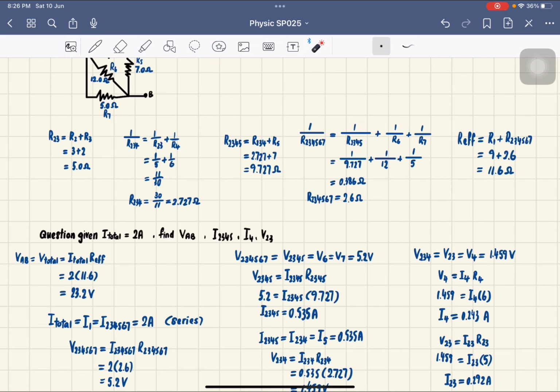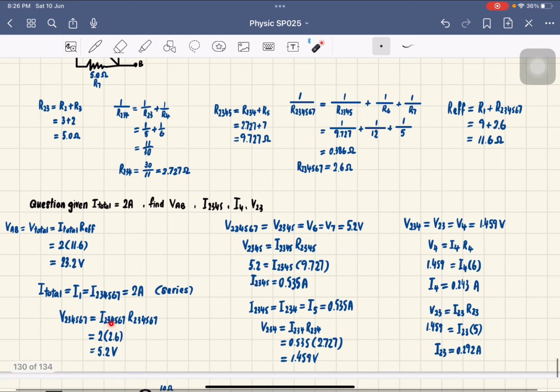Then to find I2345, we must do it step by step. So first we find the V for 234567 by using V equal to IR. The I234567 is also equal to I1 and also equal to I total, since it is arranged in series.